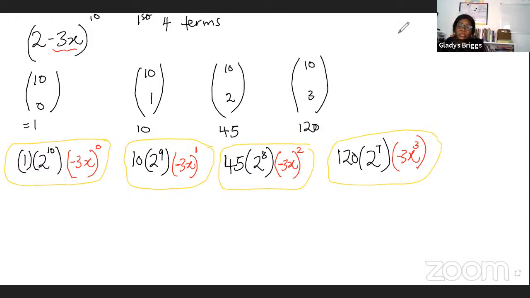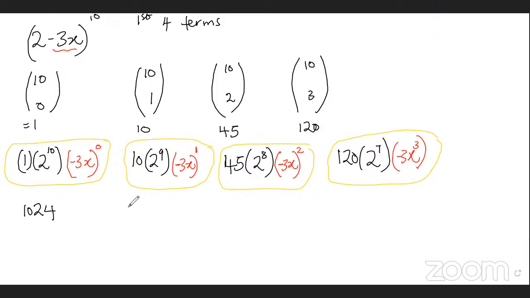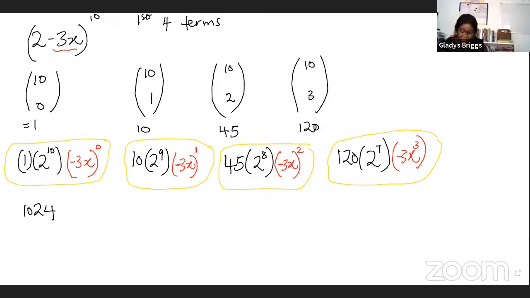Okay, so guys, I'm not going to do this on my own. I think we got the first one to be 1,024 because here it's going to come to 1 because any number raised to the power of 0 is 1. And then we got 10 times 2 to the power of 9, which is what? 512.